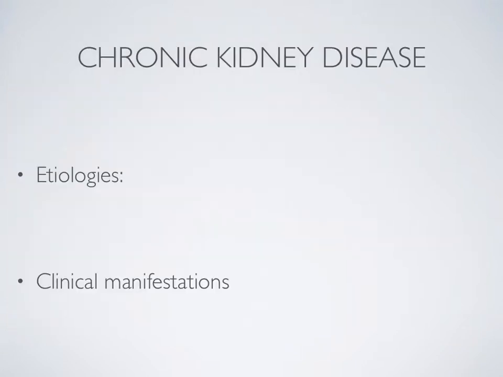Okay. So just really quick, chronic kidney disease. I think I mentioned this at the beginning of last time. The main causes are going to be hypertension. Hypertension is a risk factor for atherosclerosis because it causes endothelial damage.